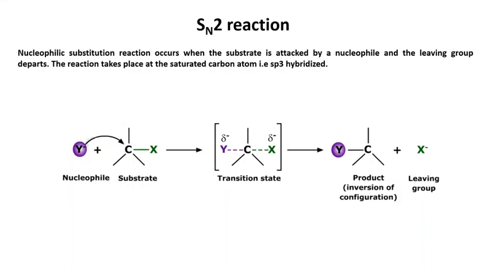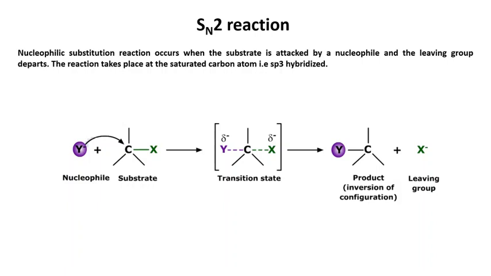This is very important. SN2 reactions always go through a possible transition state. During transition state, the bond to the nucleophile forms at the same time that the bond to the leaving group breaks, because at no time can the carbon have more than 8 electrons in its outer shell.